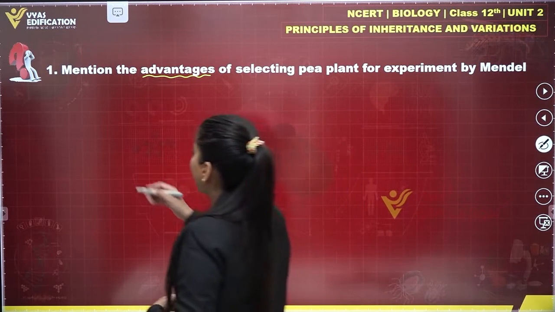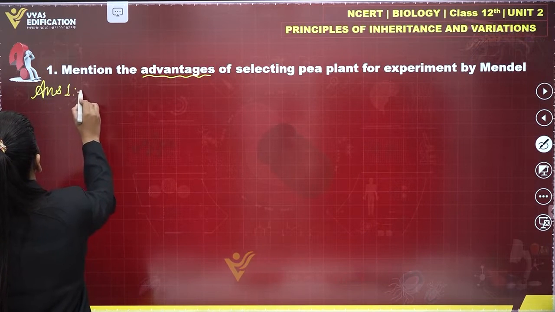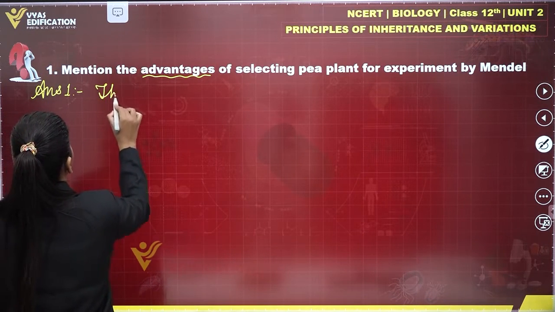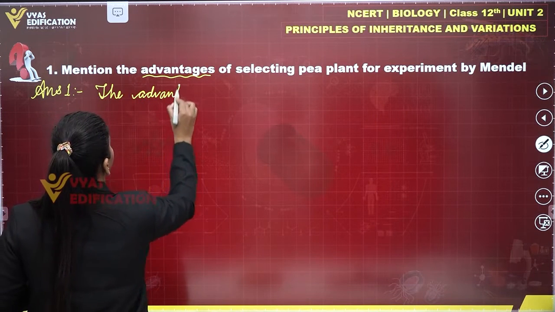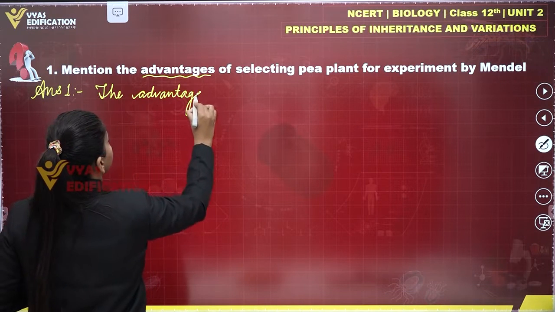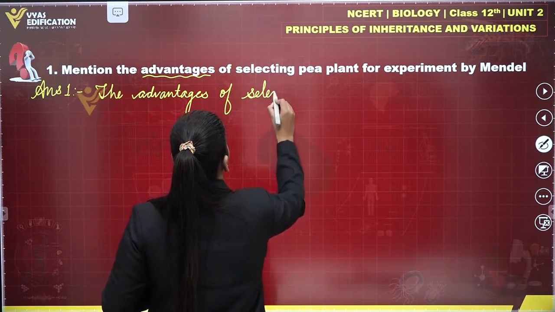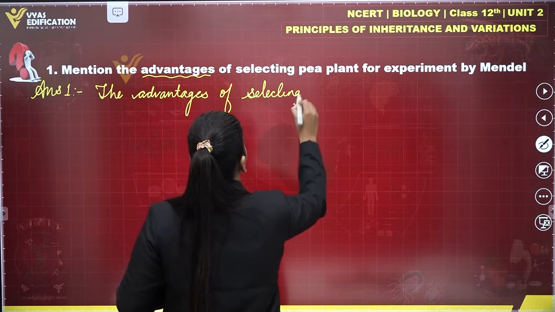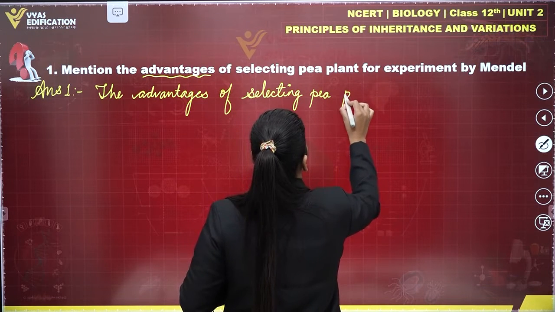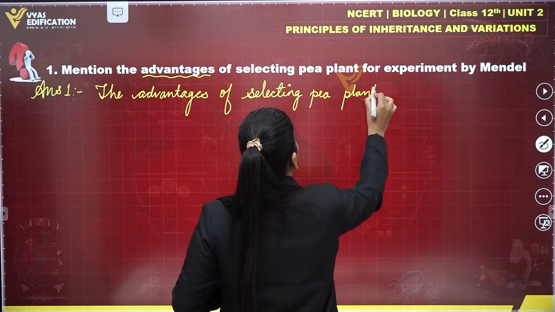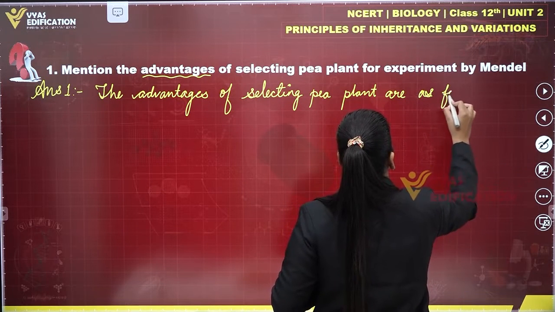And if we write the answer to question number 1, then the advantages of selecting pea plant are as follows.